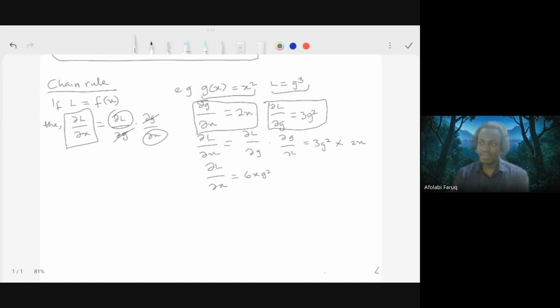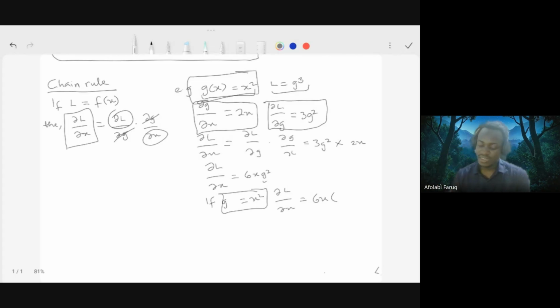But if G equals x squared, then we can now say dL/dx equals 6x times G squared. Don't forget G equals x squared, which is G of x equals x squared according to the function we had earlier.